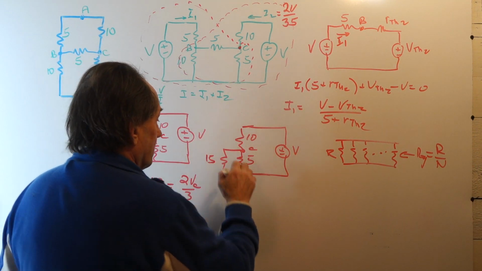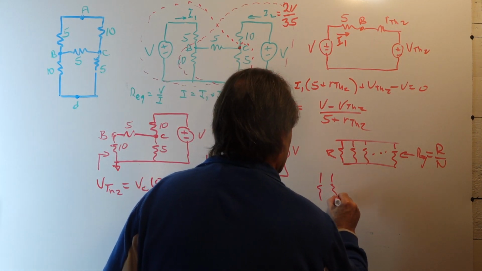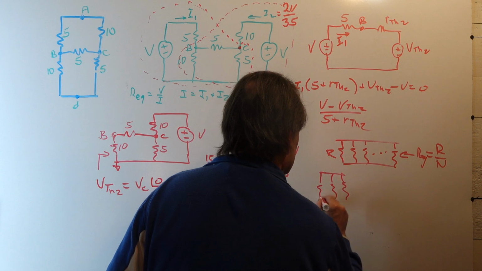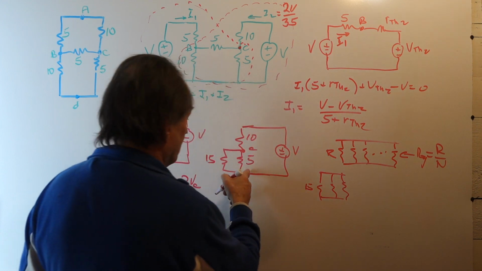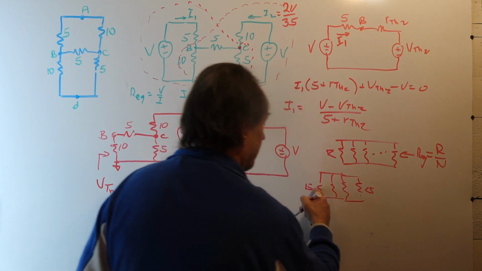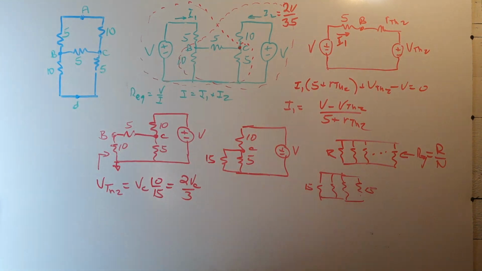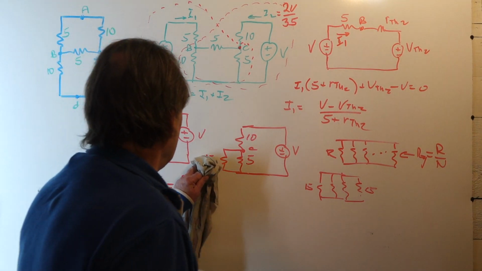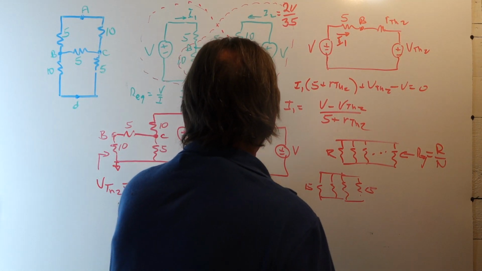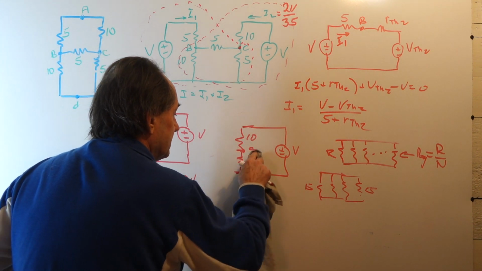So we will replace the 5 ohm resistor by 3 15 ohm resistors. And to it we add another 15 ohm resistor. So we have 4 15 ohm resistors in parallel. So this parallel combination is the same as having a single resistor of value 15 fourths.